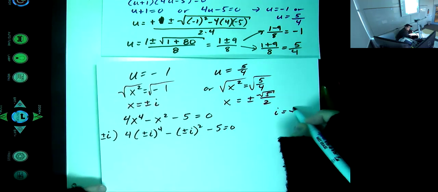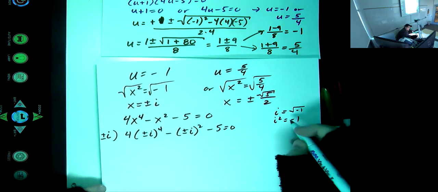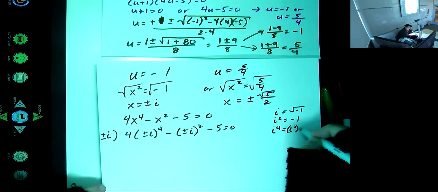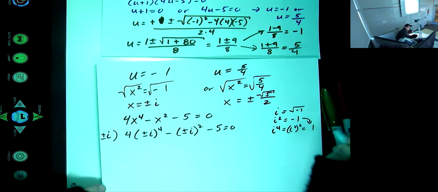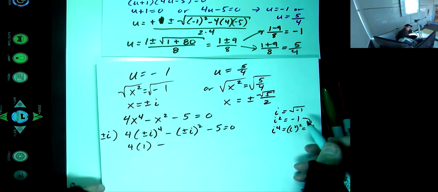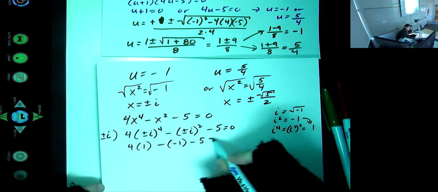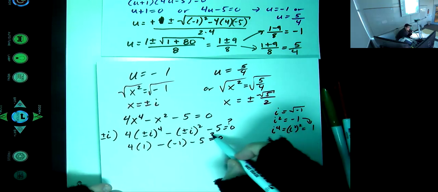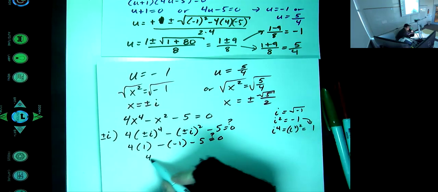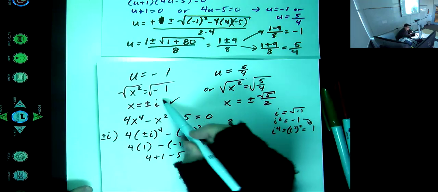So i is the square root of -1, i squared is -1, and i to the 4th power is i squared squared, which is this squared, which is +1. So that ends up being a 4. Minus, this is i squared, which is -1. Minus 5 equals 0. And we're checking it, so I'm going to put question marks to show that we're checking it. 4 plus 1 minus 5 does equal 0. So that's a valid solution.